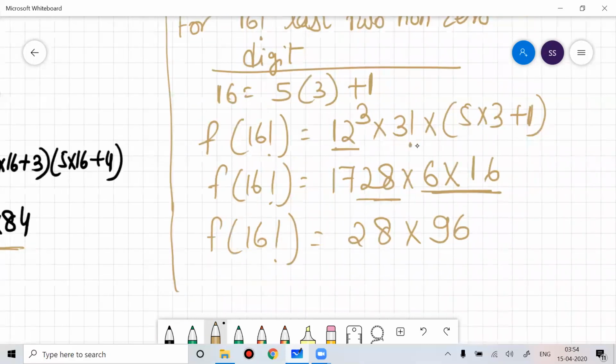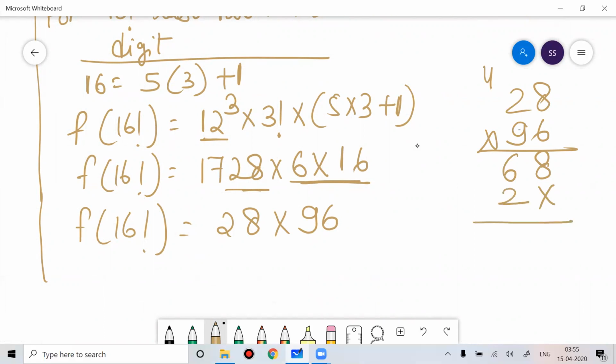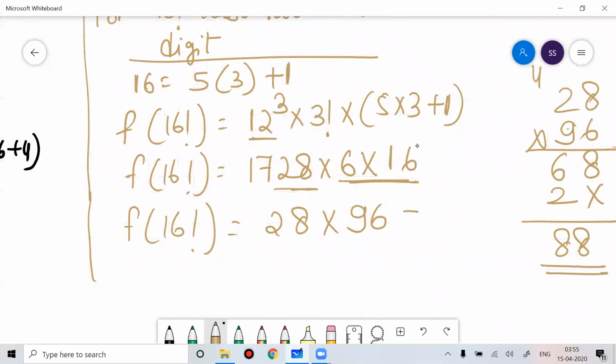Just find the last two digits of 28 into 96. 8 6s are 48, 4 carry, 12 plus 4 is 16, then 9 8s are 72. Just write the last two digits. So for 16 factorial, the last two digits are 88.